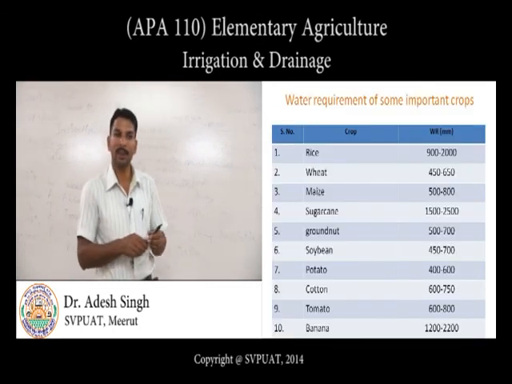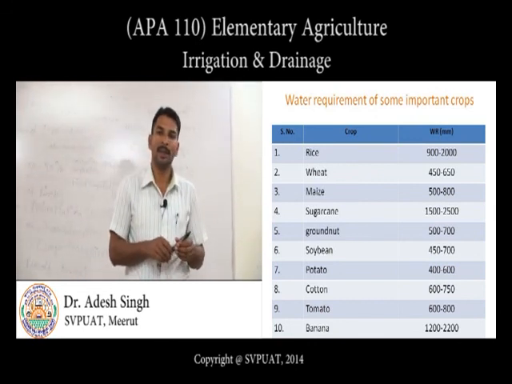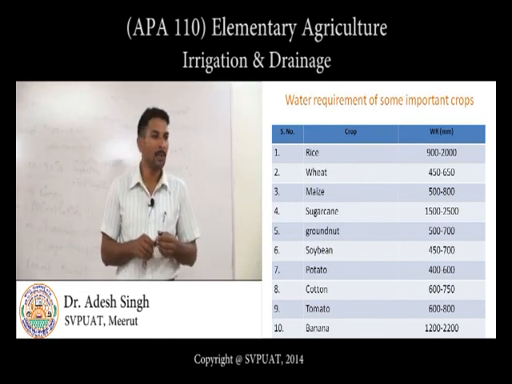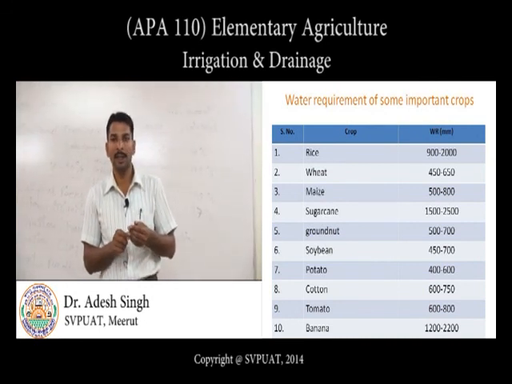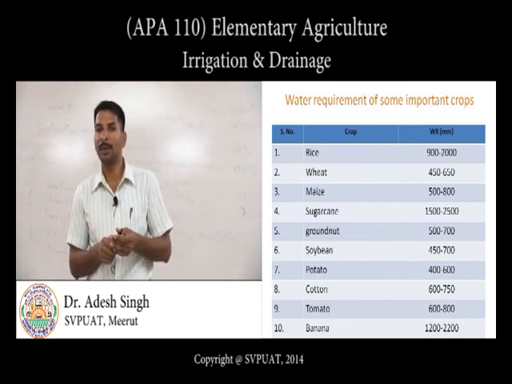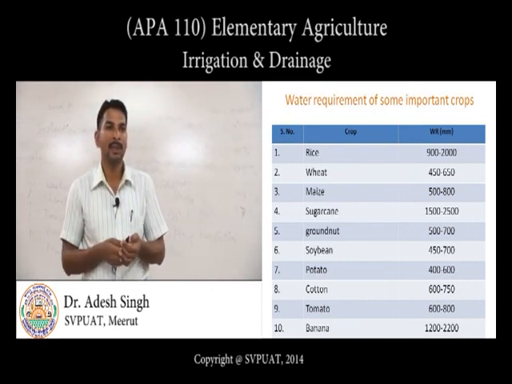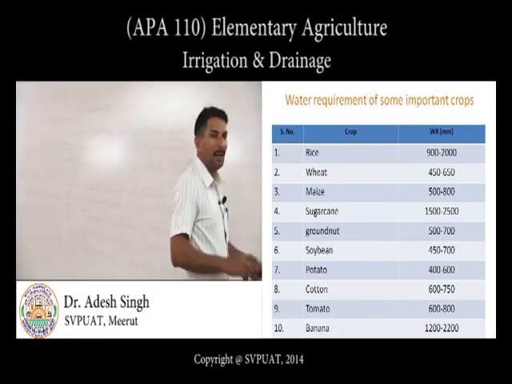So draw a table with 3 columns. In the first column there is the serial number, in the second column the name of the crop, and in the third column the water requirement in millimeters. Water requirement can be quantified in centimeter or millimeter. It actually means hectare millimeter or hectare centimeter.